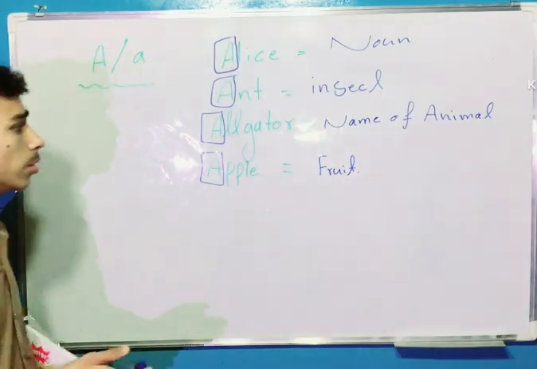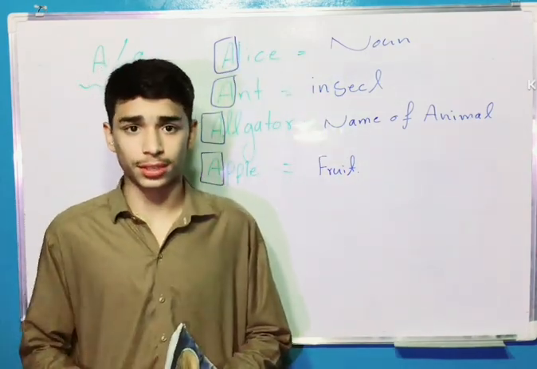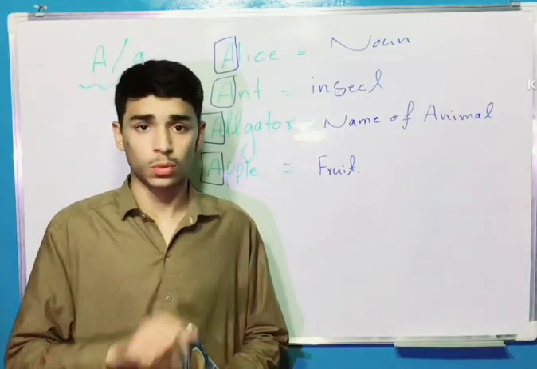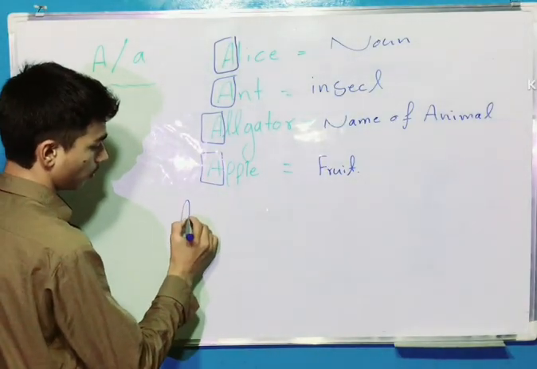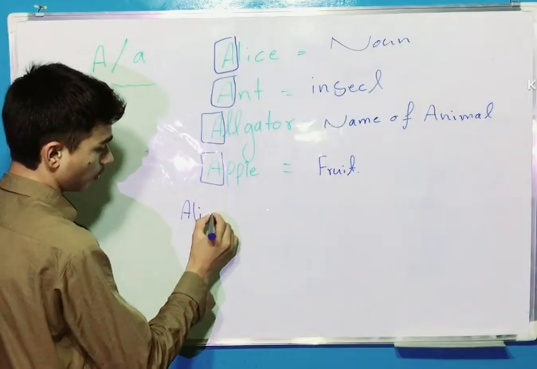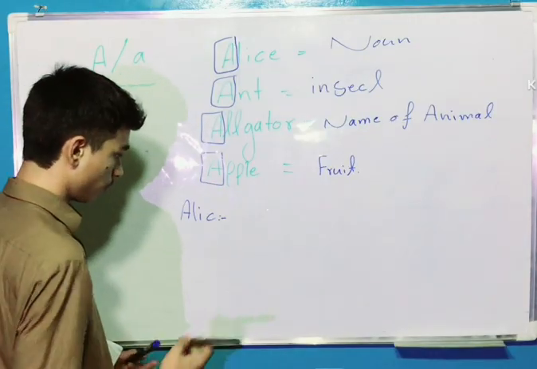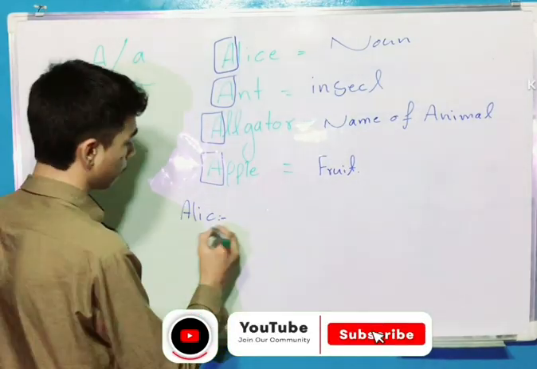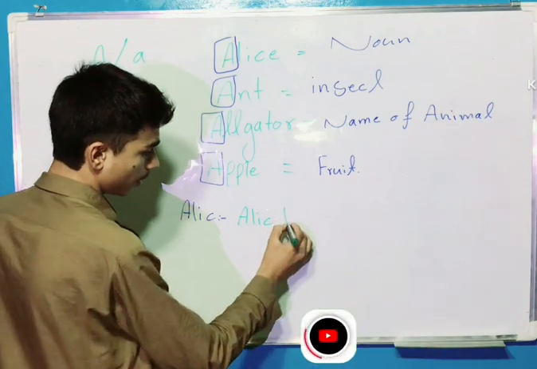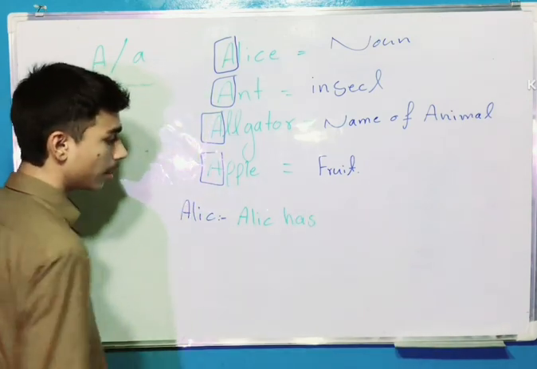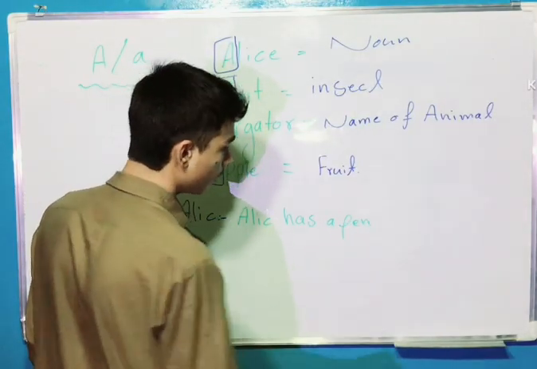So now we go to that word we use in the sentence and make one sentence in one word. So the first, Alif. Alif has. Alif has a fan.